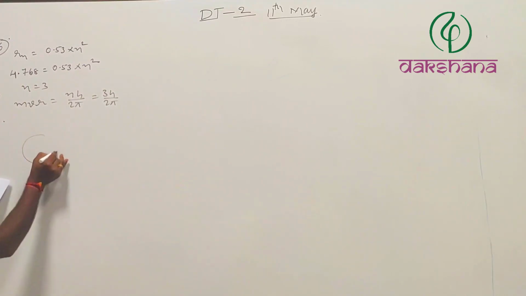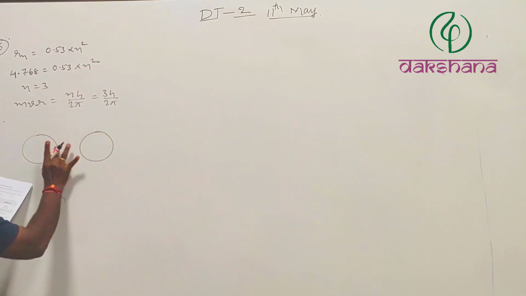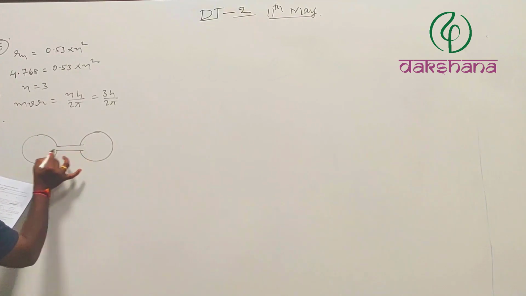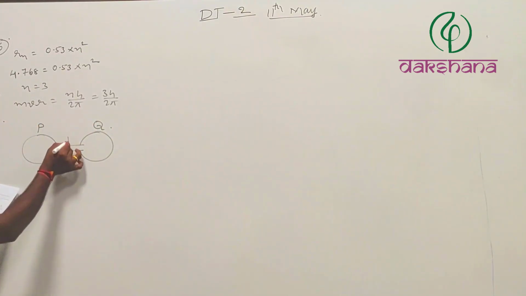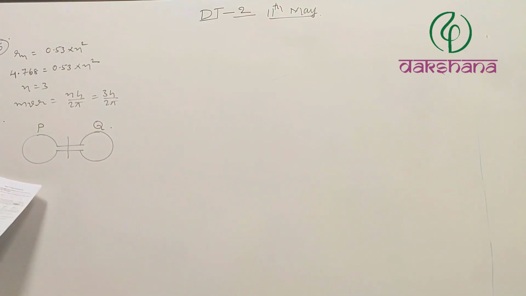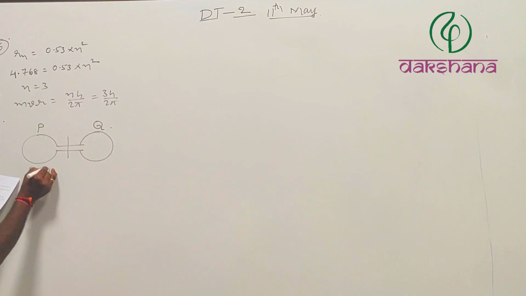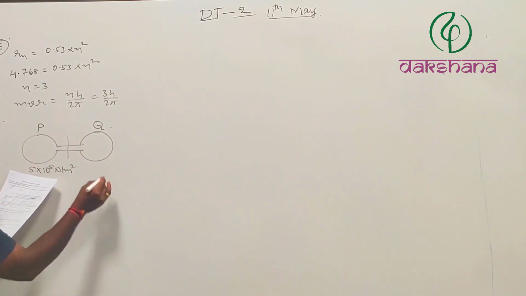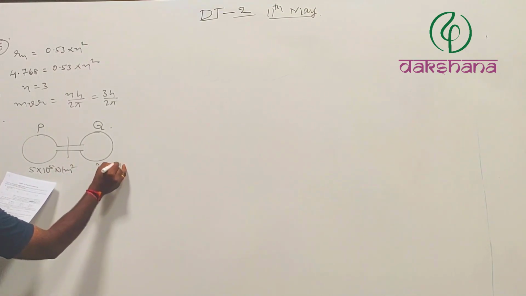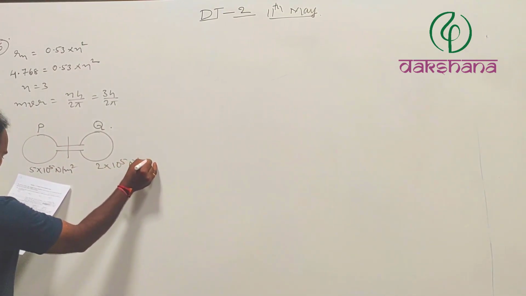So what they have given, there were two bulbs. One is P and another one is Q. And in P, 5 into 10 power 5 Newton per meter square pressure is there, and here it is 2 into 10 power 5 Newton per meter square.